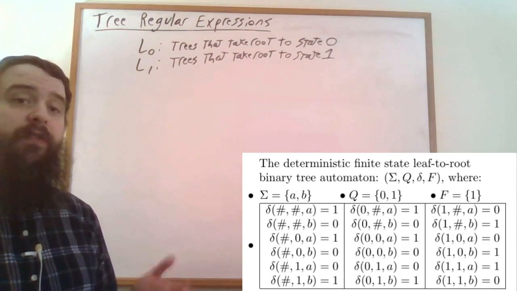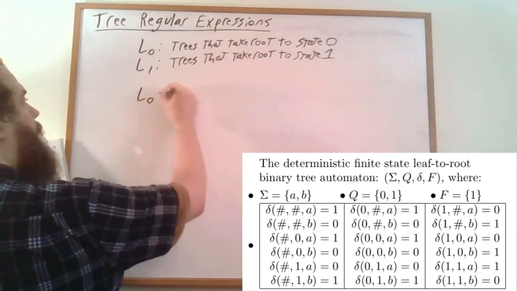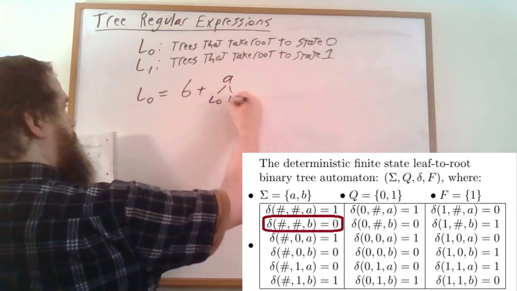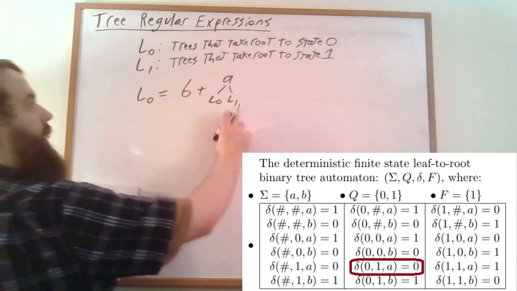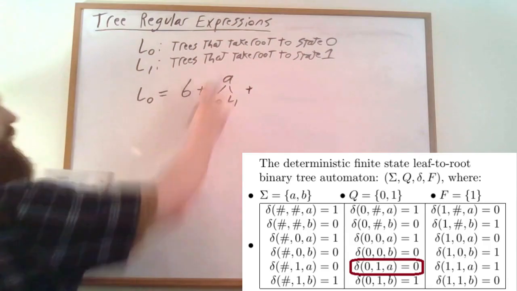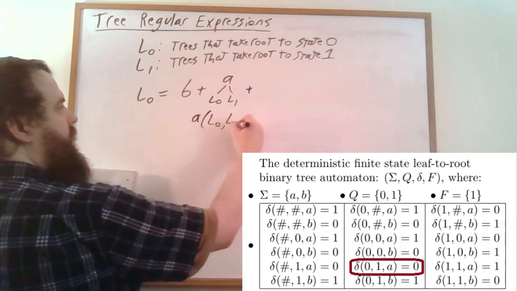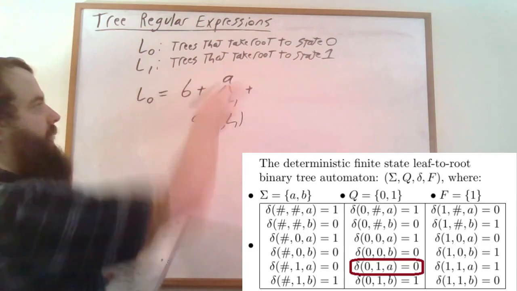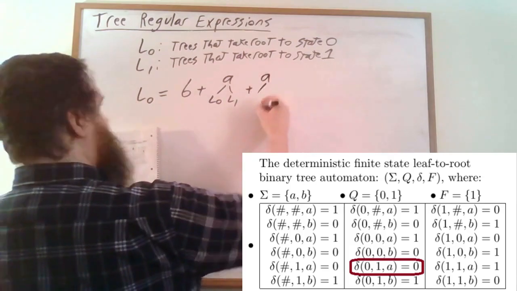Looking at the table for the transition function gives us the recursive equations: L0 equals B, or a tree of the form A with a left child in L0 and a right child in L1. Note that we can write this as A of L0, L1 if you want to write this in line, but I prefer to write it like this when I'm writing on the board because that's what I really mean.